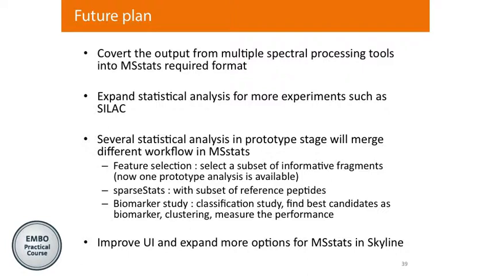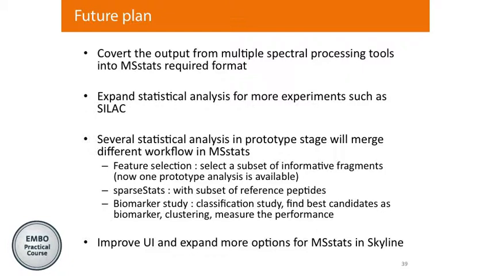We are also starting to look at SILAC data, so we are going to expand the statistical model for SILAC data. And we also have a feature selection function. For example, for DIA data, we have a lot of features for each protein. It takes the most informative transitions for analysis, and this shows much better conclusions.